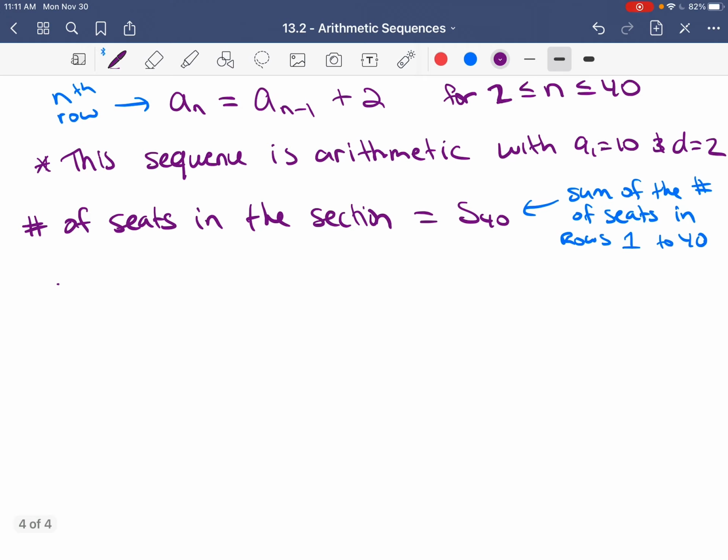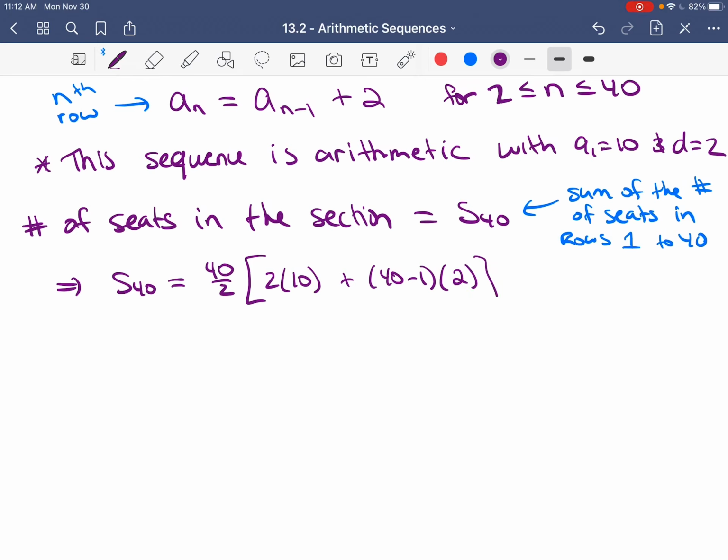Because I know it's arithmetic, I have the formula: 40 over 2 times 2 times a_1, so a_1 was 10, plus 40 minus 1 times our d, which is 2. So that's 20 times 20 plus 39 times 2, which is 78. If I add those and multiply, I get 1,960 seats in total.